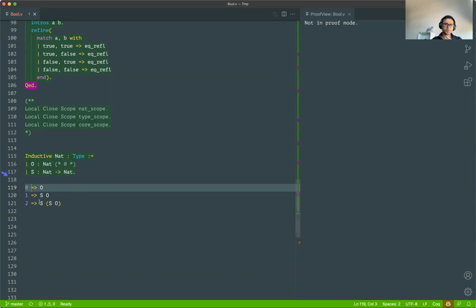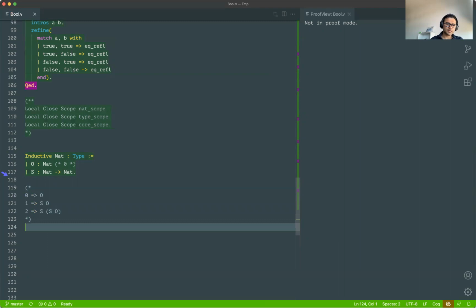For example, here we are wrapping 0 in S, and then we are getting S of O. That represents 1. S of S of O represents 2. So this is the model of natural numbers in the Coq theorem prover.